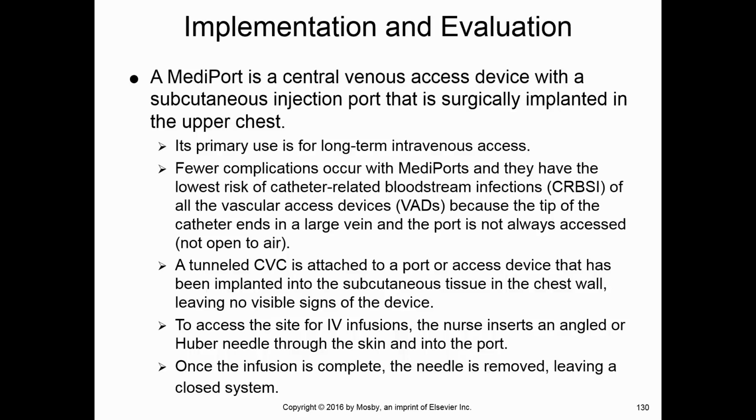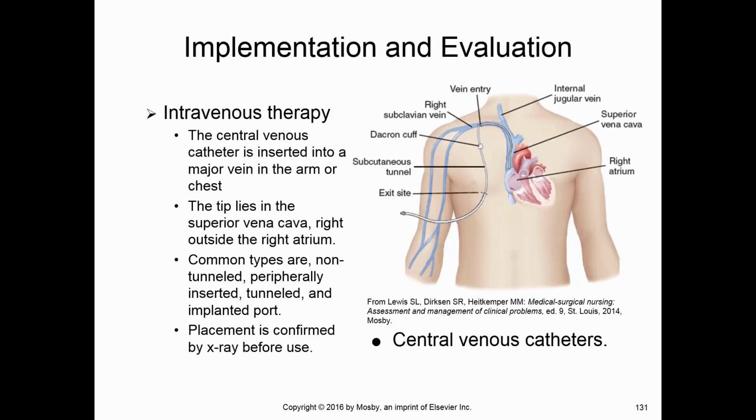So when the nurse accesses this port, it's basically this lump under the skin. She can't see it. She can't connect to it. She has to penetrate it with a special needle, okay? She runs the fluid or medication in, and then when she's done, she pulls the needle out. It's this little port underneath the skin. So hopefully we can show you a picture of that, or show you that in lab.